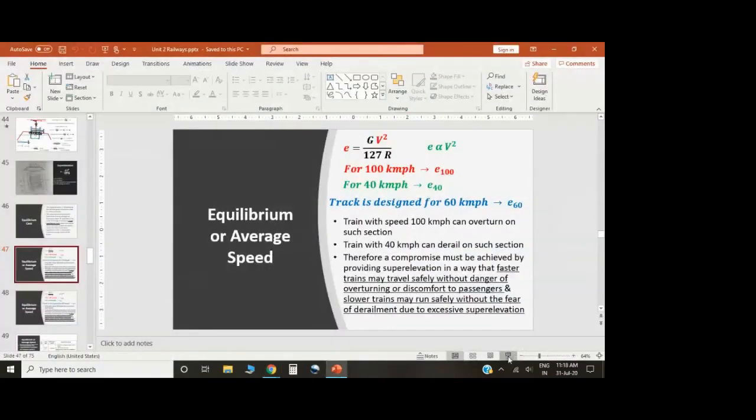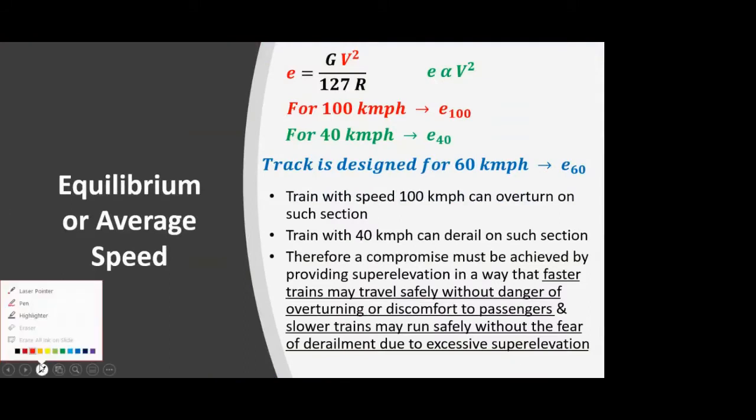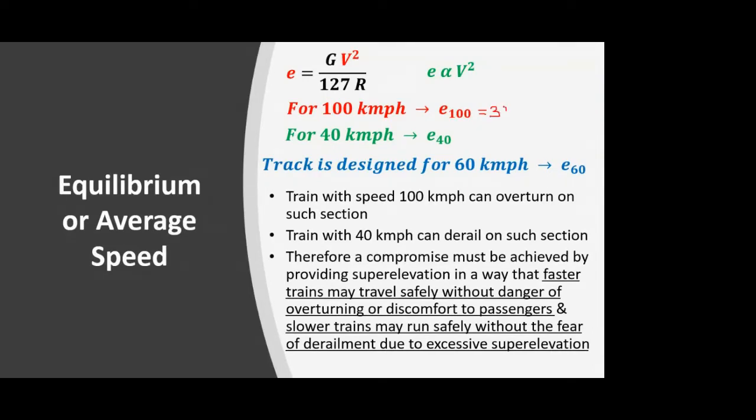I'll go back to the presentation here. So this E100 comes out to be 0.3937 meter. For understanding purposes, I'll write it in centimeters so that you can visualize it. 39.37 centimeter, almost 40 centimeter, but for now we'll keep it as it is.